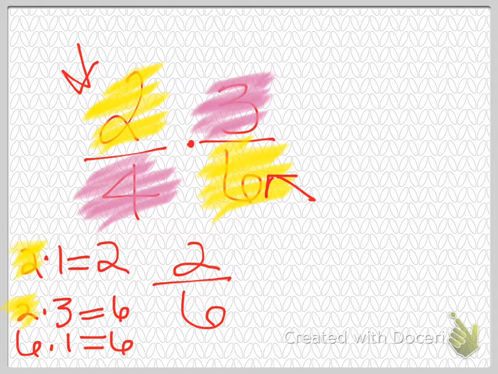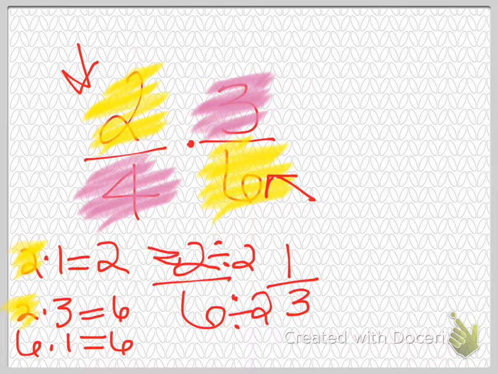So, I'm going to divide 2 by 2, and I'm going to divide 6 by 2. So, 2 divided by 2 is 1. 6 divided by 2 is 3. So I have 1/3. Well, that's as low as I can go. But let me show you a trick.